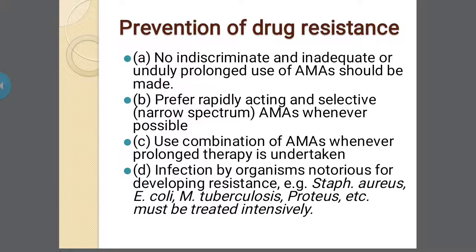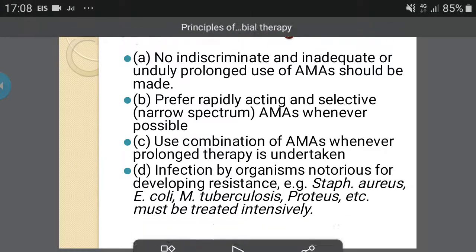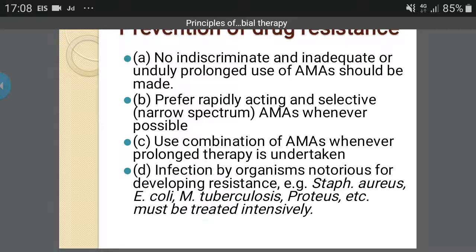But if it is tuberculosis, leprosy like therapy which needs to be treated for months or years, then we may take help of the 3 to 4 drugs combination to prevent the development of resistance. So when the microorganism is known, we should target it properly with narrow spectrum drugs.